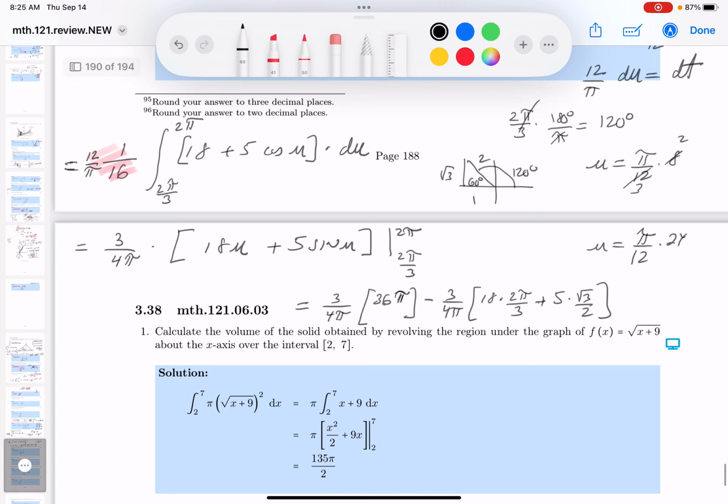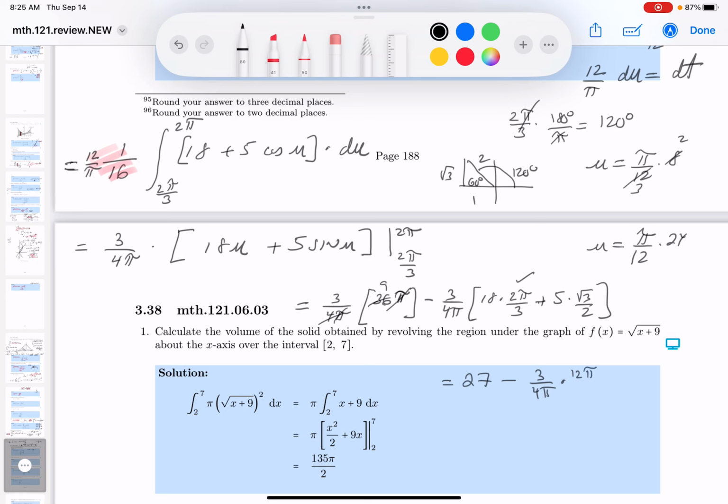I've got to do some arithmetic over here, and it doesn't look like the easiest thing in the world to do. But in the first term, the pi's disappear. 4 goes into 36 9 times, and 3 times 9 is 27. Minus, and I have to be careful over here, 3 over 4 pi times the first term. 3 goes into 18 6 times, 6 times 2 is 12, so that's 12 pi.